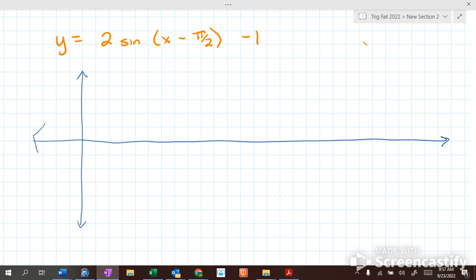Pi over 2, I'm making 12 spaces again. Now, when we start doing periods, you'll have to watch out, because if we're going to stretch some things way out, we can't make it 12 spaces or it'll never fit on the paper.